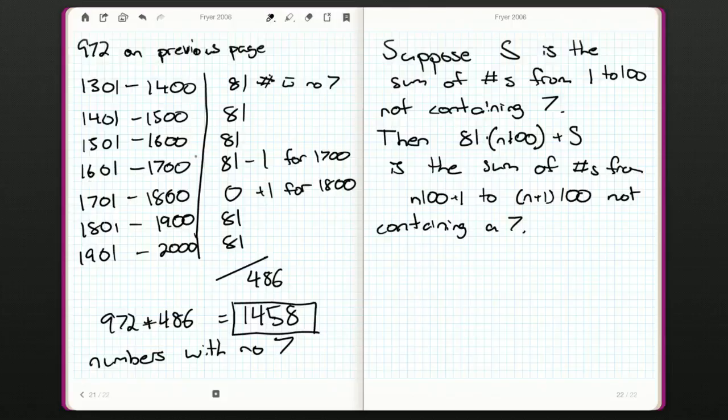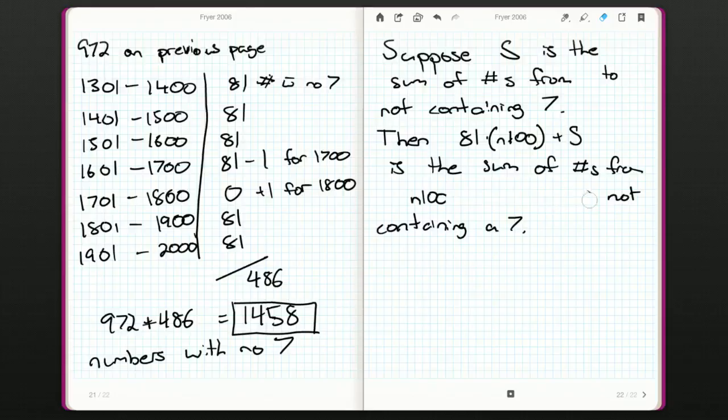A better thing to do, I think, is to not do 1 to 100, but from 0 to 99. Although, do we still get 81 of these? No, I guess 1 to 100 will have to do, and we'll have to augment it as we go along.